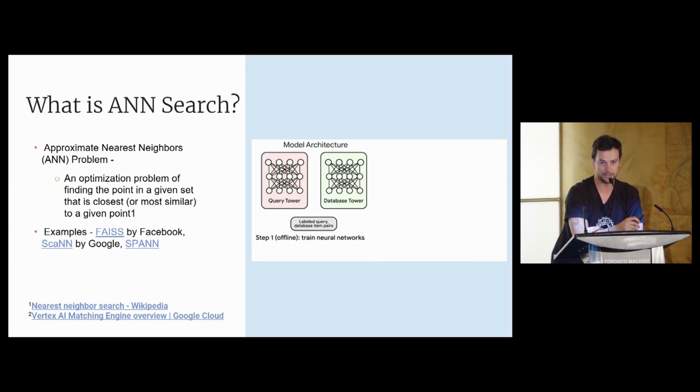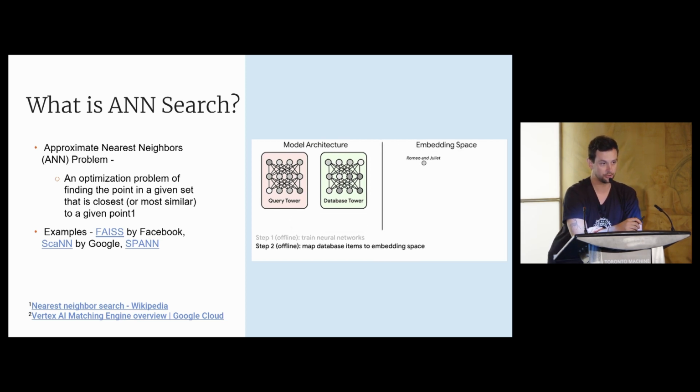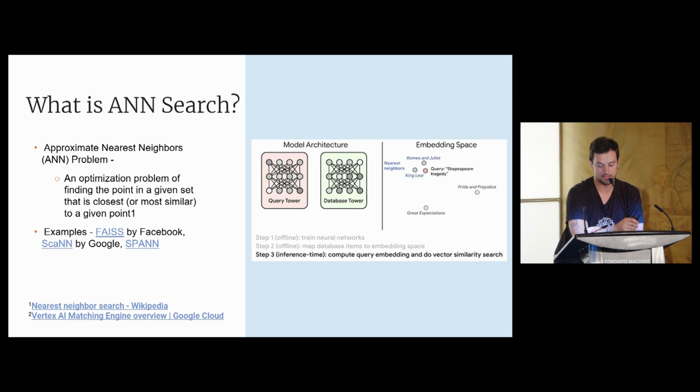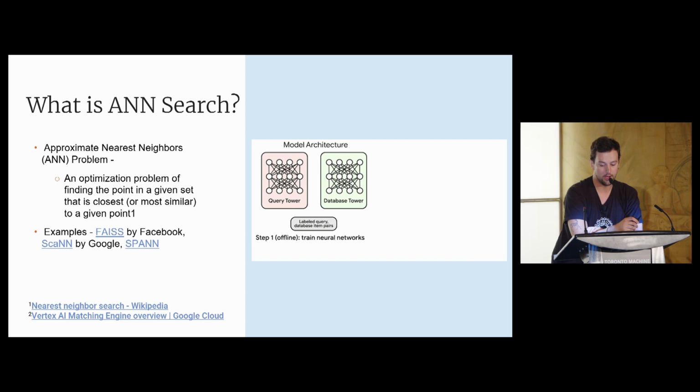ANN search is a very popular topic at Etsy and in the industry, but it basically allows you to perform a nearest neighbor search across massive scale, low latency without hugely compromising the accuracy of things like k-nearest neighbors, which would be an exact similarity. Some examples of libraries used, like Faiss is one of the most popular ones, the Facebook library, but very similar to a KNN search, except it's approximate, so it's not going to be exact. But it lets us search across a massive amount of data.